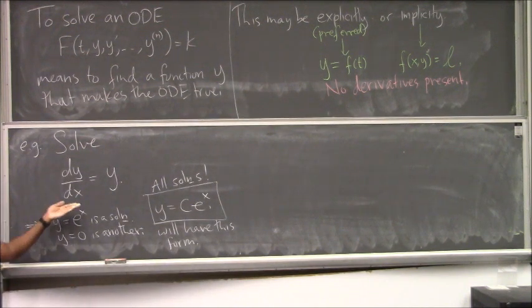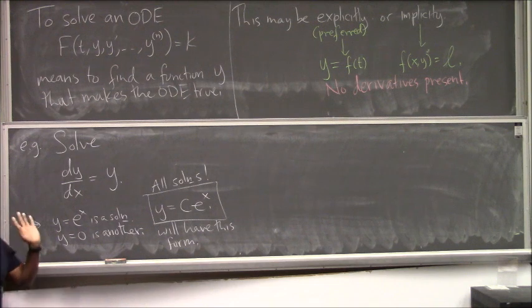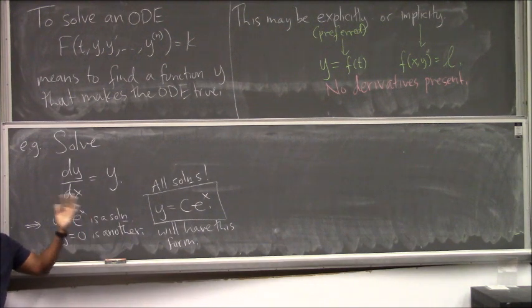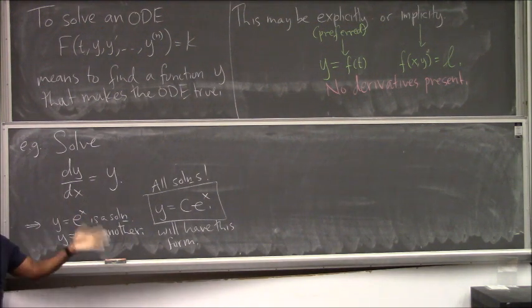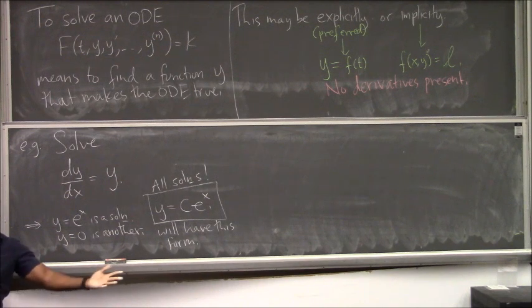At some point, we're going to have a theorem called the existence and uniqueness theorem. Basically, there's a theorem that says if you have an nth order linear differential equation, it will have n linearly independent solutions. This is a first order linear differential equation, which means it has one type of solution. If this was a second derivative, I should be able to find 2 kinds of solutions, and so on and so forth.